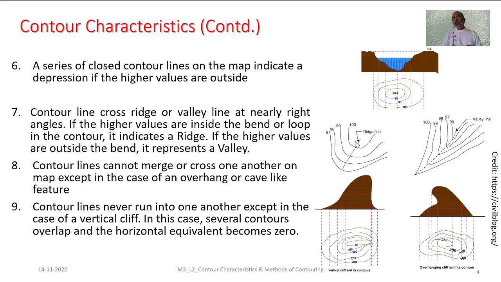The way you see here, the innermost contour has a higher value as compared to the outermost contour. At this dotted line, the contours are almost perpendicular to that dotted line. Under such circumstances, the feature represented is a ridge line.